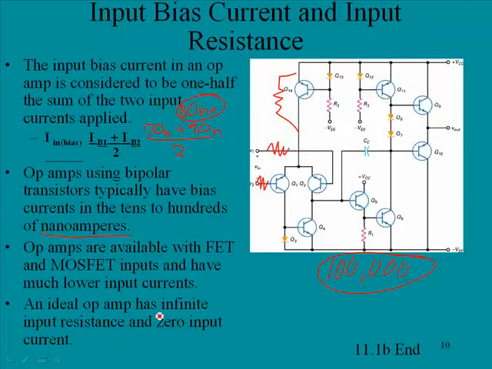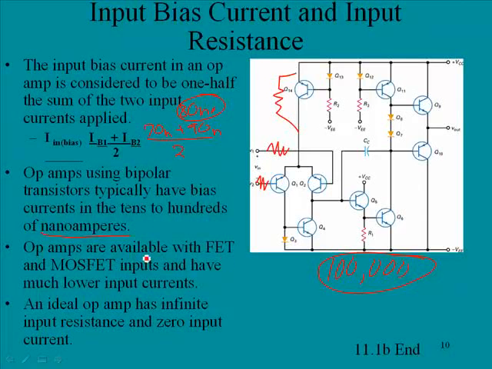An ideal op-amp has infinite input resistance and zero input current. So ideally, remember these are so tiny, we say that ideally there isn't any input current. Actually, there is a little bit. And we say that it has infinite input resistance, and we also mentioned in the previous section that it has a gigantic input resistance, especially if you're using the FET or MOSFET variety of op-amp.